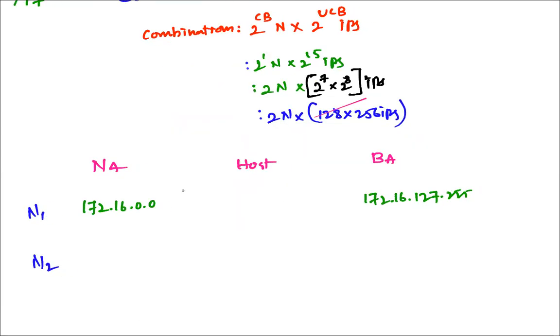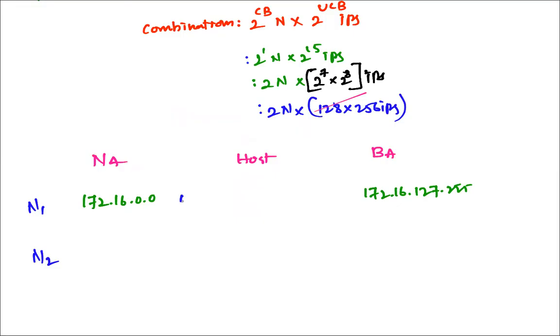Let's write this in the host IP address. So you're going to have 172.16.0.1. Got it? So that is the start of the range. And what is the last IP address? Now let me write the broadcast IP address: 172.16.127.255.